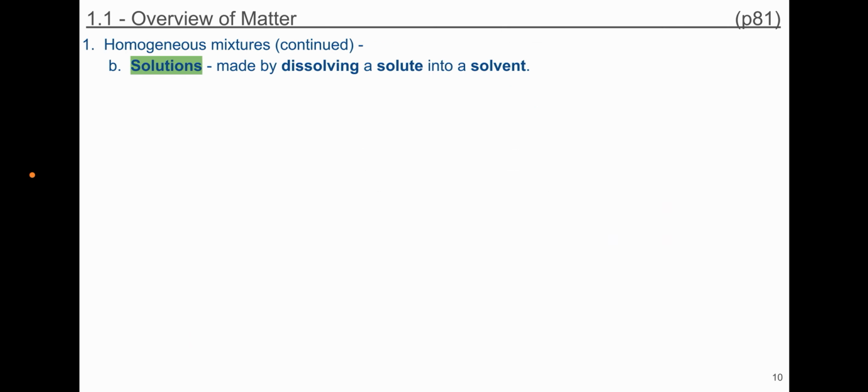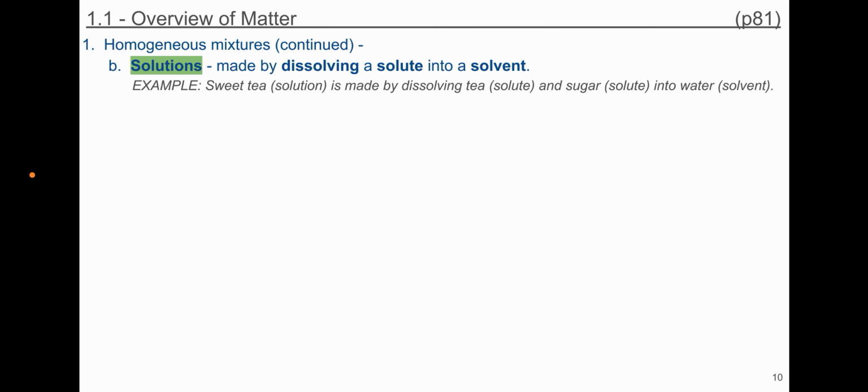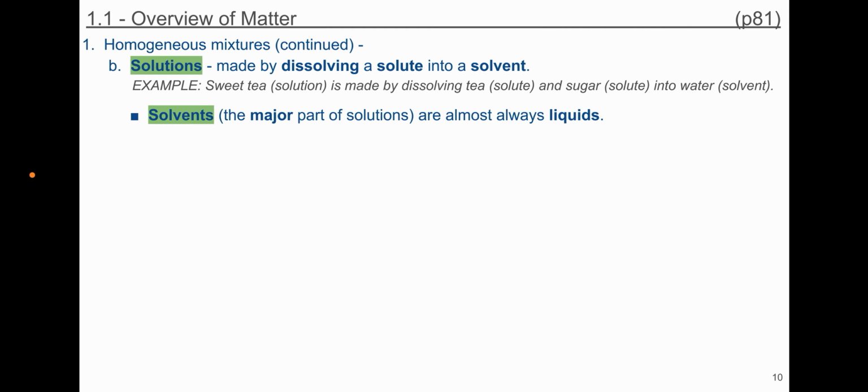So continuing that, we got solutions. Now solutions, I'd like you to know a little bit more about them. So we have some more definitions here. A solution is made by dissolving a solute into a solvent. You got an example? Sweet tea, the entire solution, is made by dissolving tea, the solute, and sugar, another solute, into water, the solvent. So solvents are always the major part of the solution.